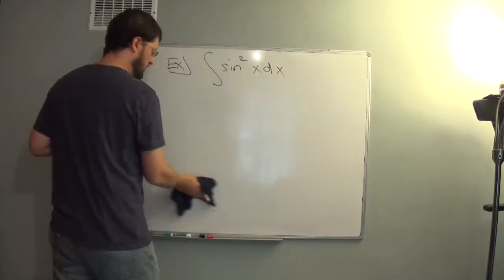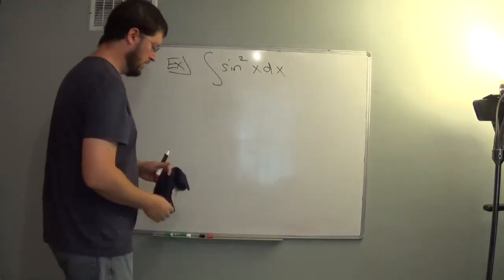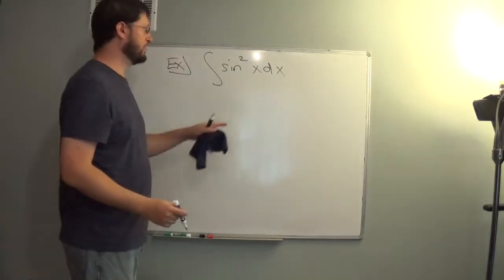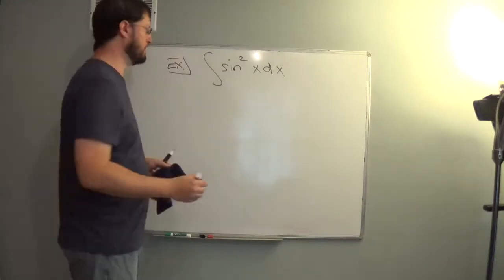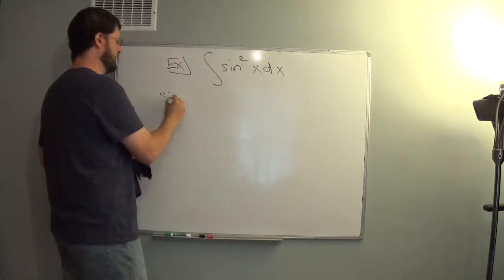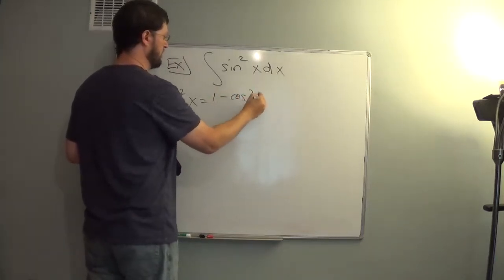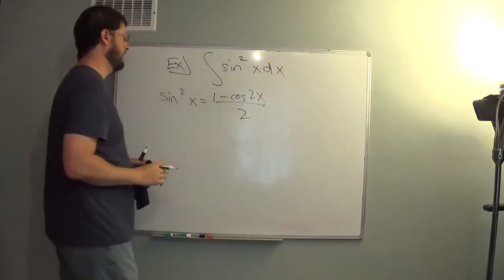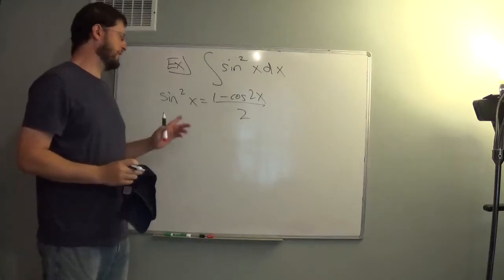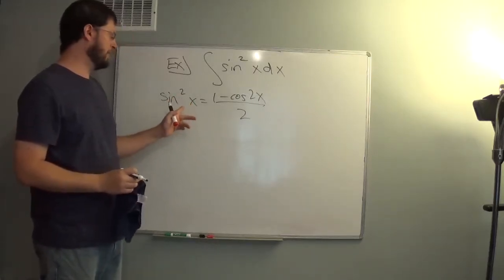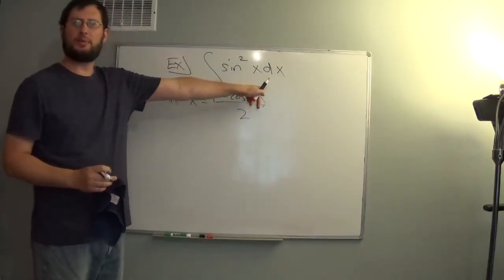What we have to do is remember a trig identity, which is going to allow us to remove the exponent. And here it is. This is a double angle formula. It takes an exponent and turns it into double the angle, right?